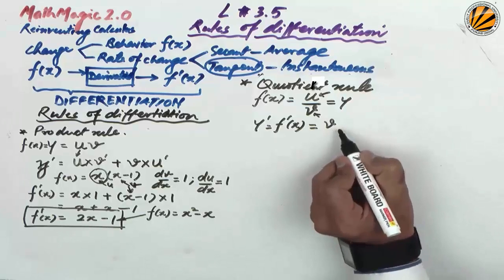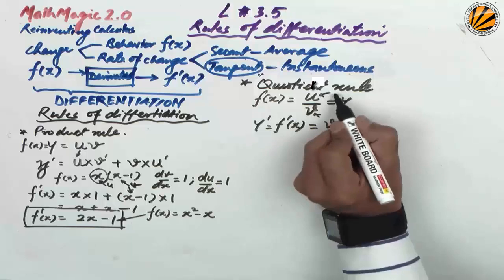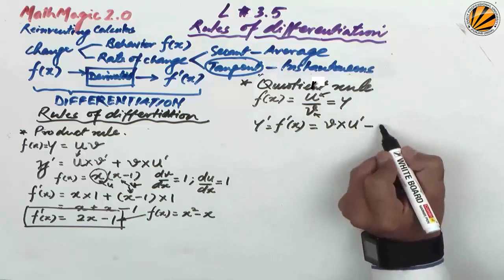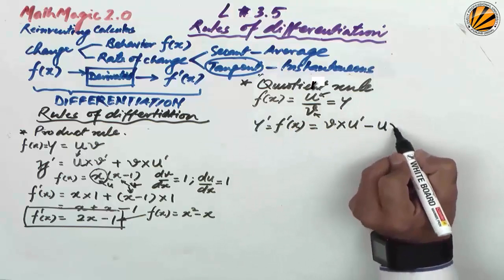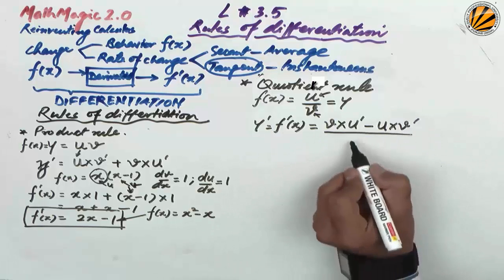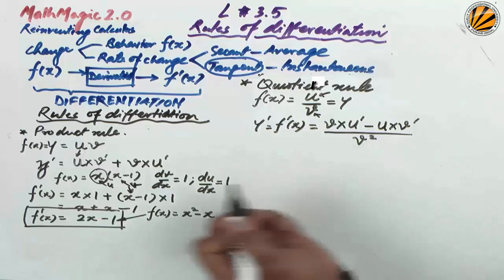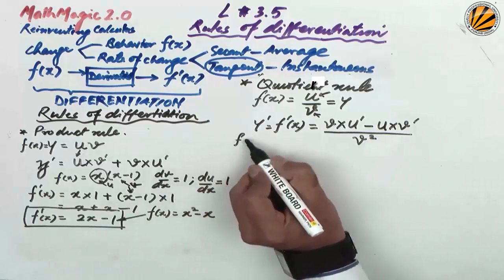You keep the denominator and multiply it with the derivative of the numerator, minus, you keep the numerator and multiply it with the derivative of the denominator, divided by the square of the denominator. An example can be taken.